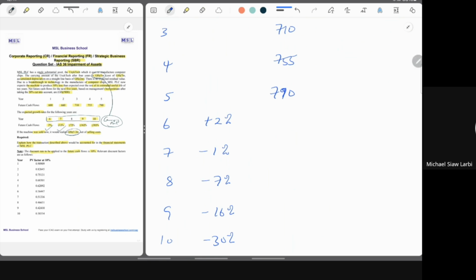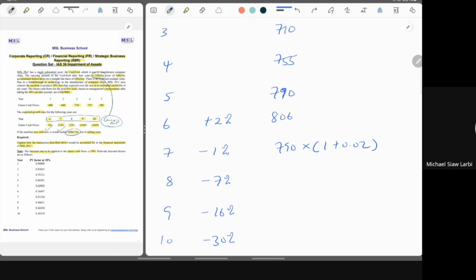Let's round to the nearest, so this will give me 806. For the avoidance of doubt, I did 790 times 1 plus 2%. You grow the previous year by this growth rate to get this figure here.